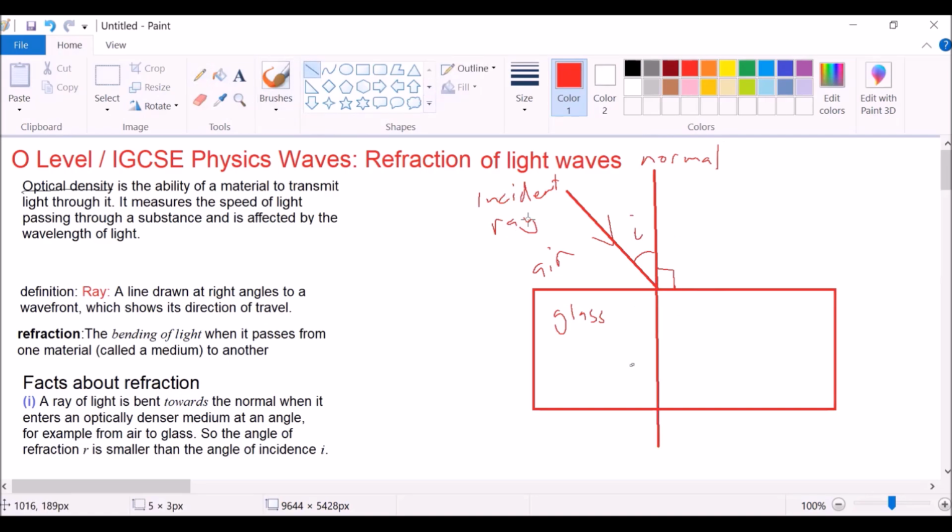Since glass is an optically denser medium, light will not continue in a straight direction like that, but it will be bent once it gets inside an optically denser medium. And we have an angle of refraction, which we term R. So we'll be looking at these properties. How is light bent when it passes from one medium to another?